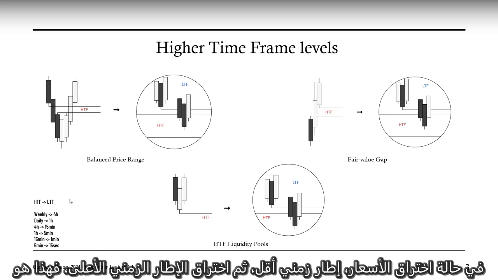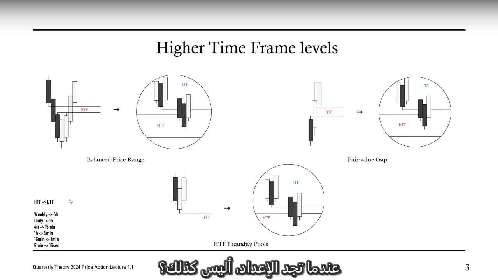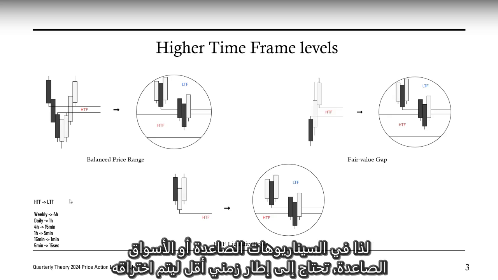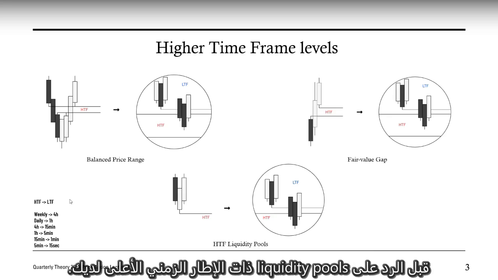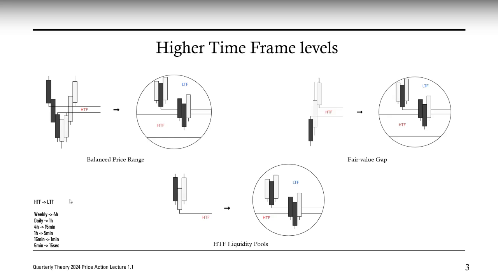When price breaches the lower time frame and then breaches the higher time frame, then that's when you will find a setup, right? So in bullish markets, you need a lower time frame low to be breached before reacting to your higher time frame liquidity pools.